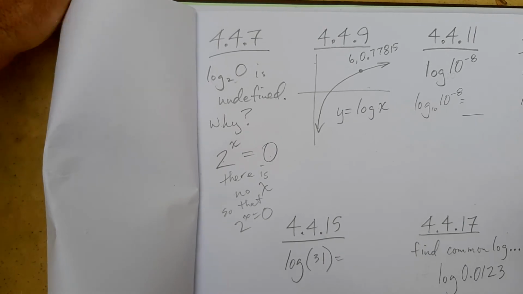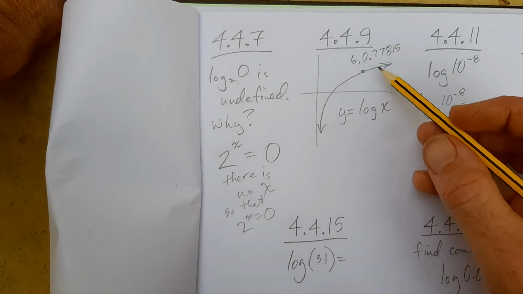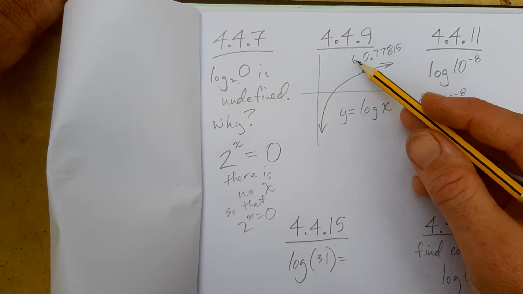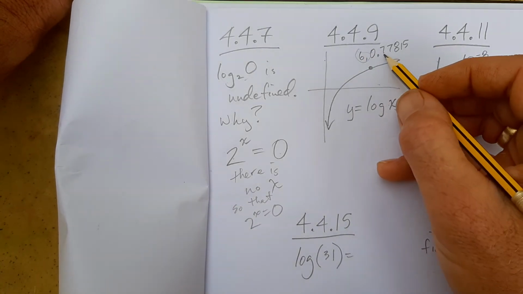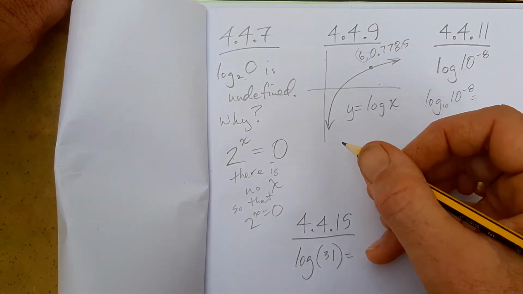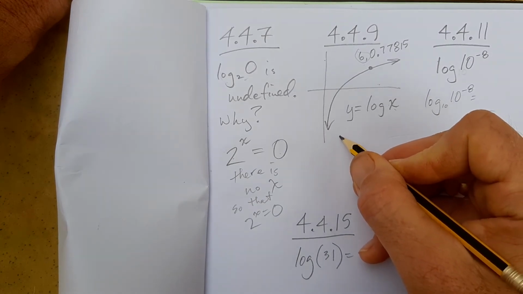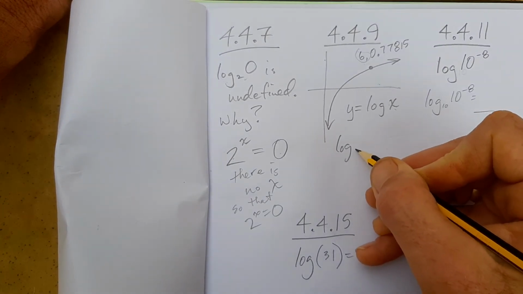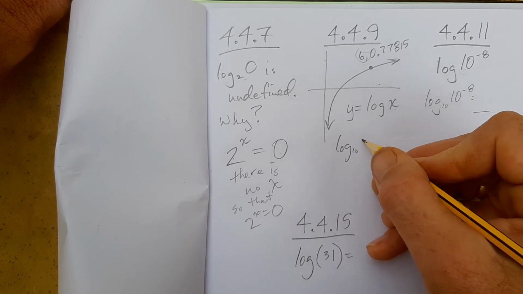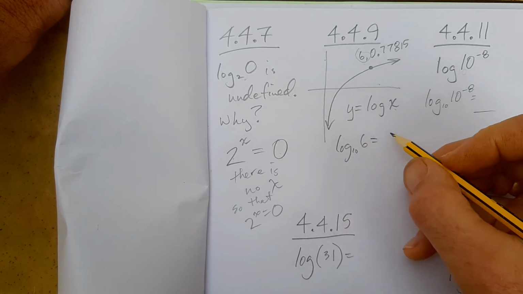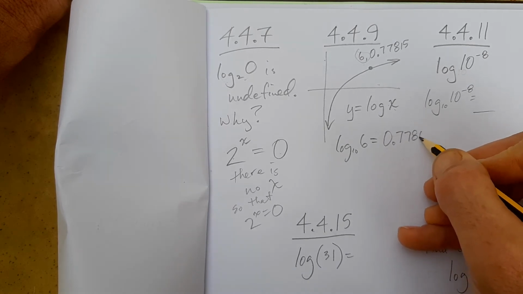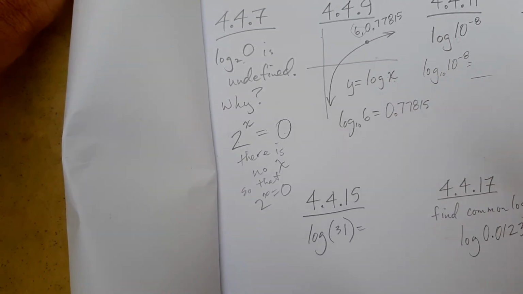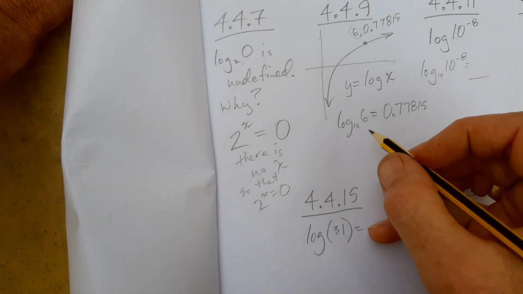All right. What about this guy? What's the equation here? Well, there's my x, right? Put it in here. And there's my y. So you're just substituting in here. So log base 10 of 6 equals 0.77815. At the risk of making this a little longer, let's rewrite this just so we understand it again.